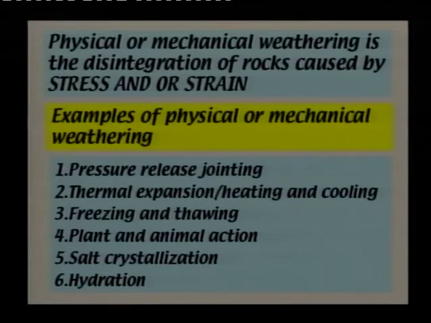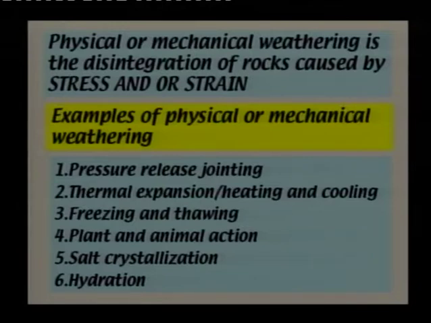Okay, looking at physical or mechanical weathering. Physical or mechanical weathering is the disintegration of rocks which is caused mainly by stress and or strain. You see, if a rock is out there and that rock is put under great stress or strain and the rock breaks, then we can identify the type of weathering as physical or mechanical. Stress or strain. You get a sledgehammer, break it.